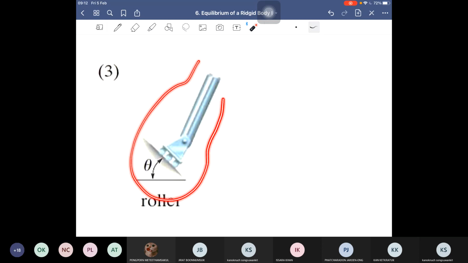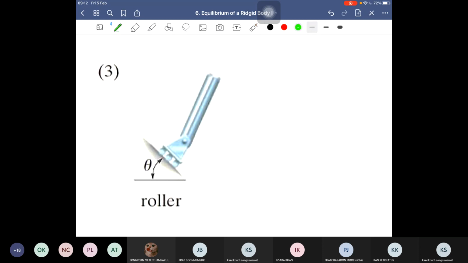For the roller, we have one unknown reaction force that acts perpendicular to the surface at the point of contact. Okay, so for the free body diagram, we have one force that must act perpendicular to the contact surface.